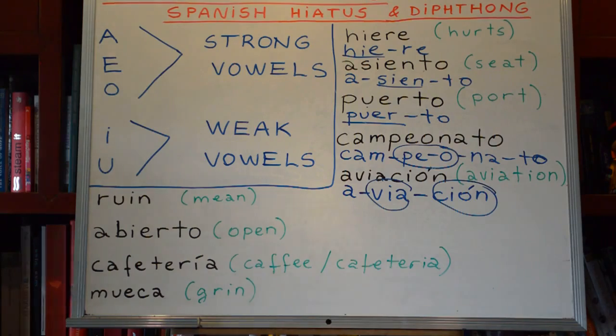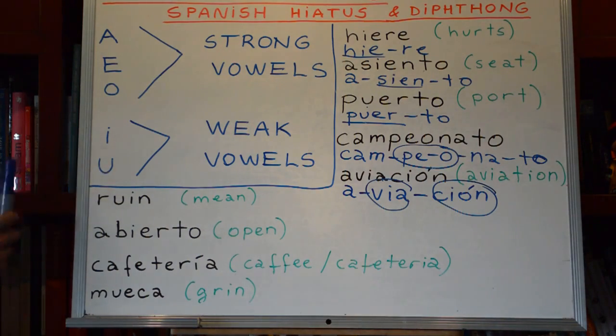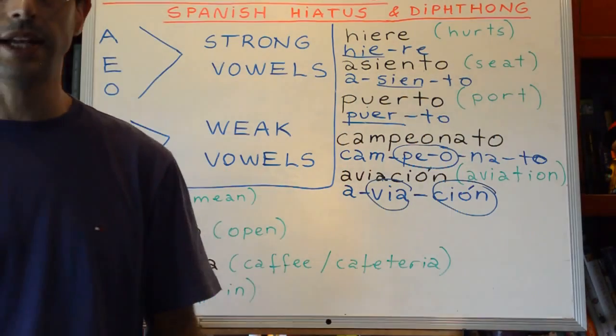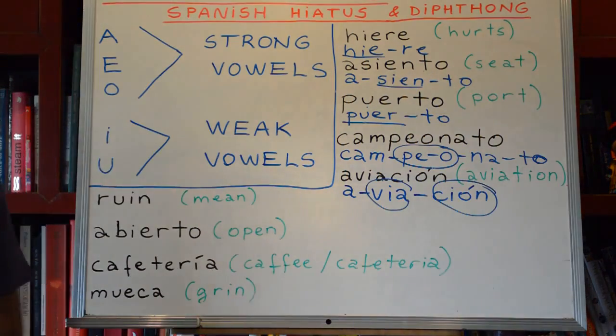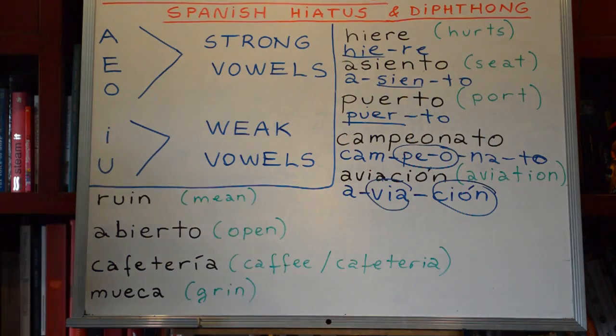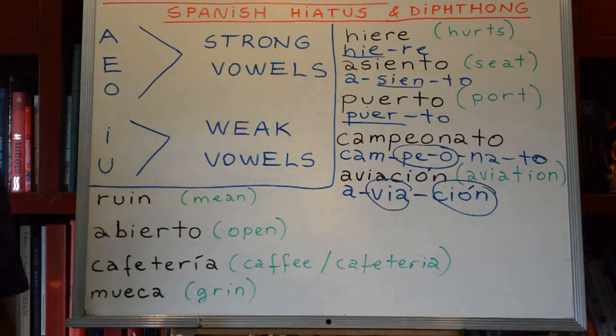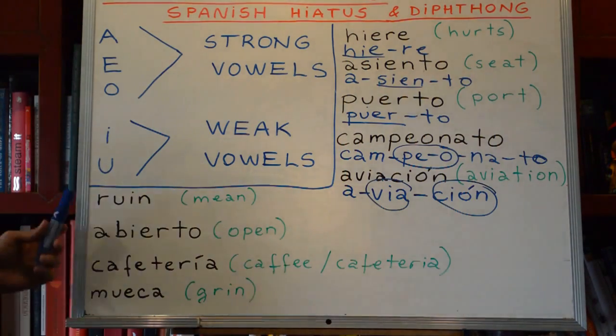Aviación. Next word, ruin. Ruin means mean. Somebody that is mean. Alguien que es muy ruin, right? Okay. Ruin. Ruin is insignificant or bad, or evil or base, right? Ruin.